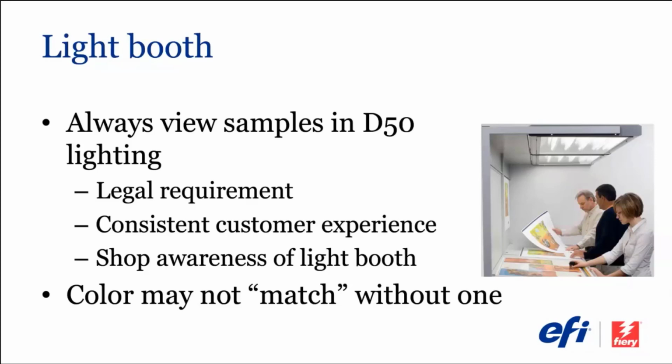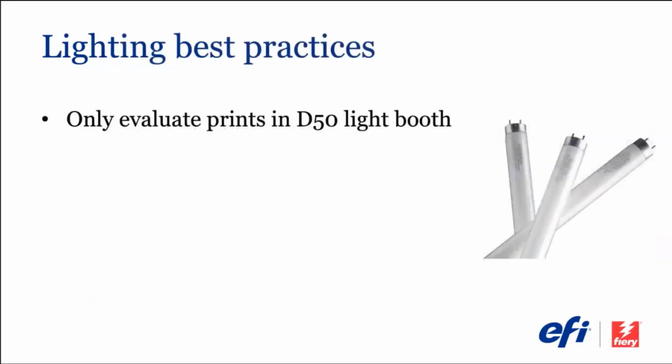So you want to be careful about the lighting. Always evaluate in a D50 light booth, and a booth is important. You could just get the lamps and string them up above a work area, but the walls of the light booth are very specific. The background, everything, it's a specific gray. It's really kind of a high-tech piece of equipment, although it just kind of looks like a bunch of fluorescent tubes hanging in this little area that's usually too small.